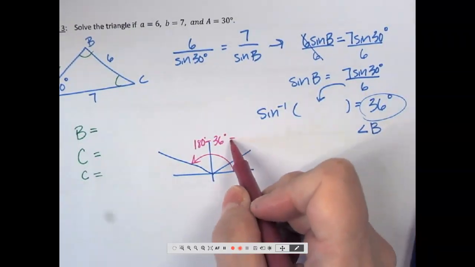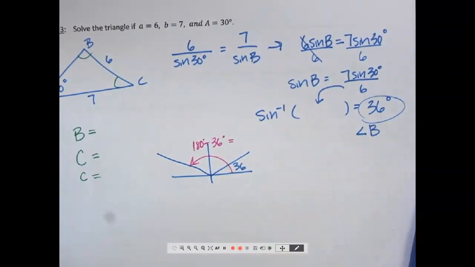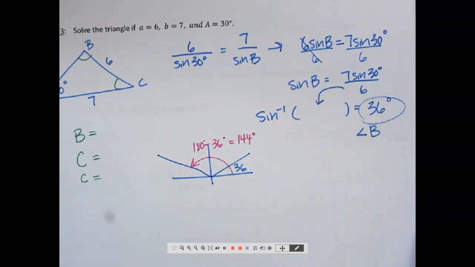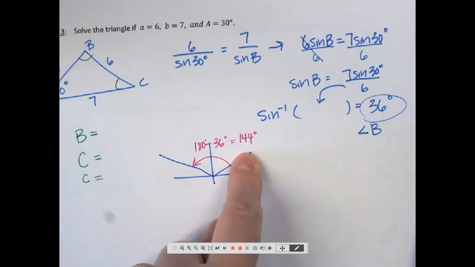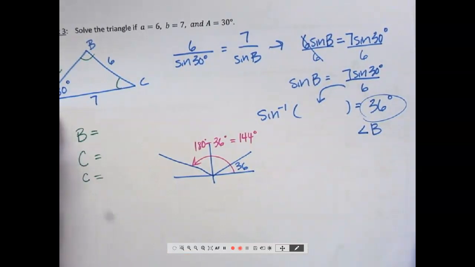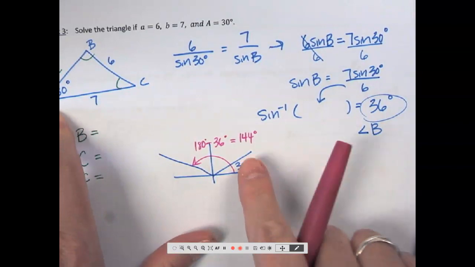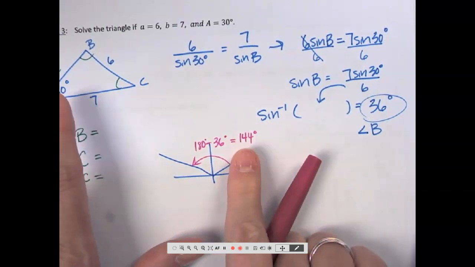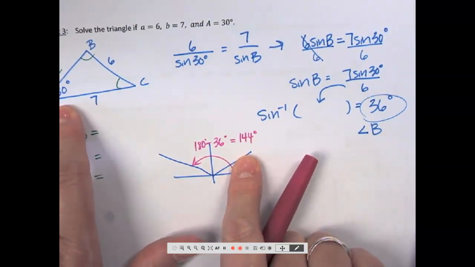So what is 180 minus 36? 144. Is it possible to have a 144 degree angle in a triangle that already had 30 degrees? Yes. I mean, the leftover little angle is going to be tiny, but it's possible. That tells me I will have two triangles.